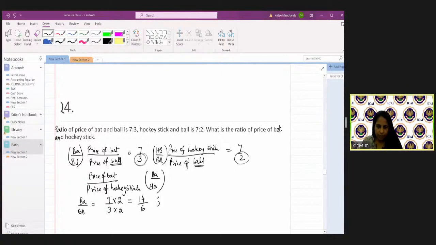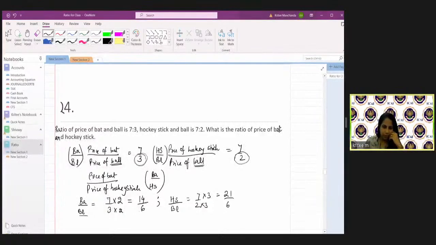Likewise, the ratio of price of hockey stick and that of ball is 21:6. Now I can compare it. See, the ball price here is also 6 and here it is also 6. So now I can compare these two.